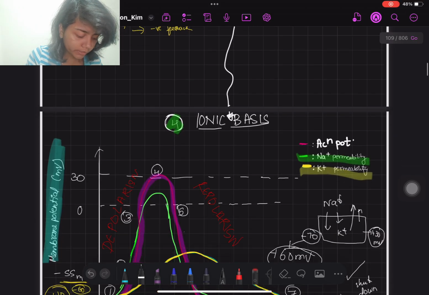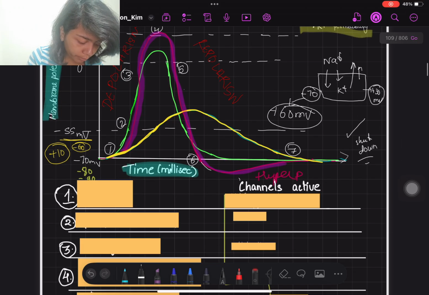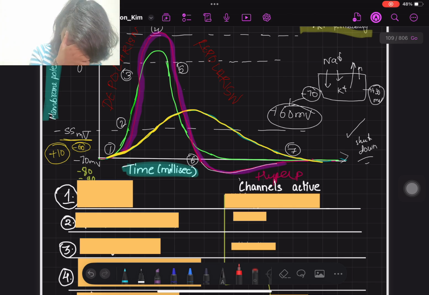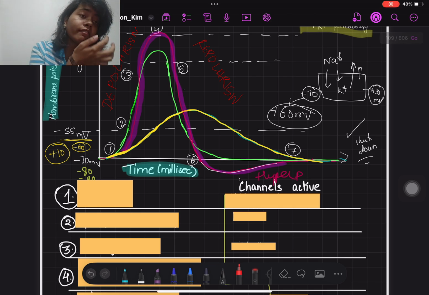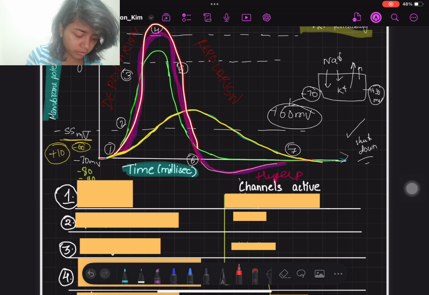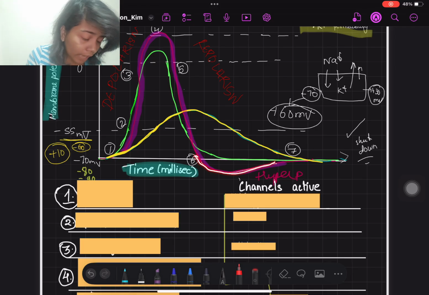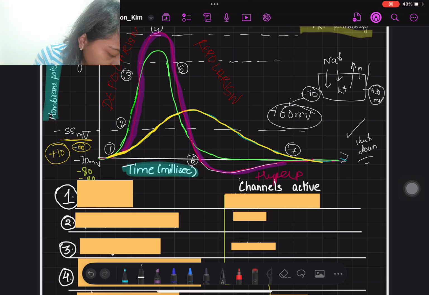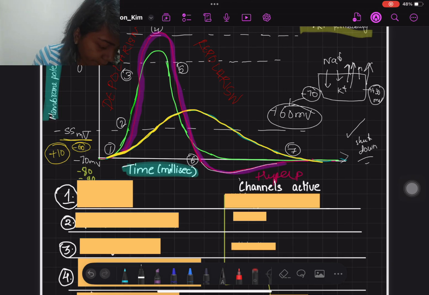This condition is known as hyperpolarization. Ideally there should have been a full stop here, but because potassium channels are slow, it is going down also. So now we have to bring it back to minus 70. So much potassium efflux has happened that it has become minus 90 inside.